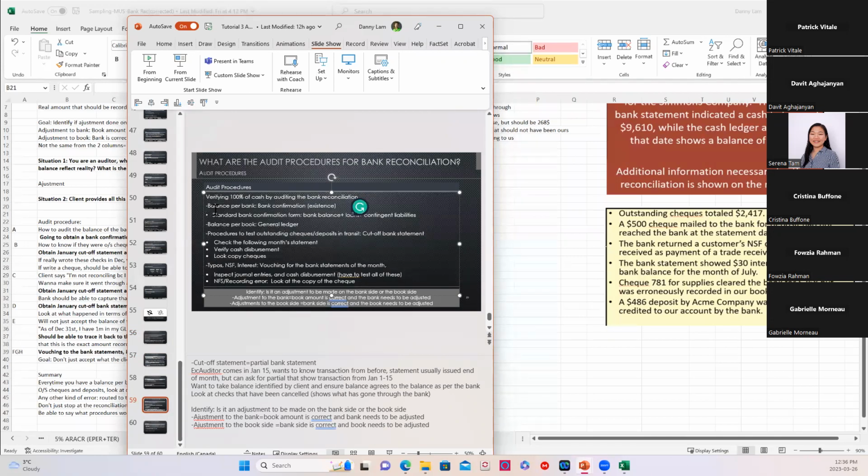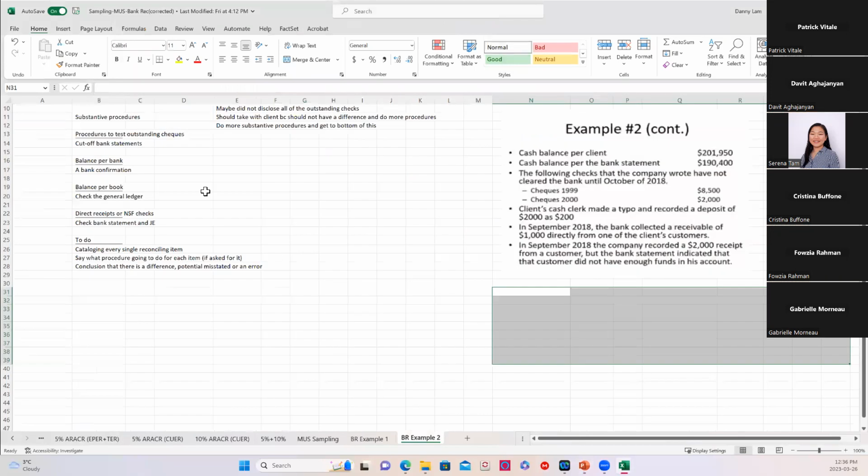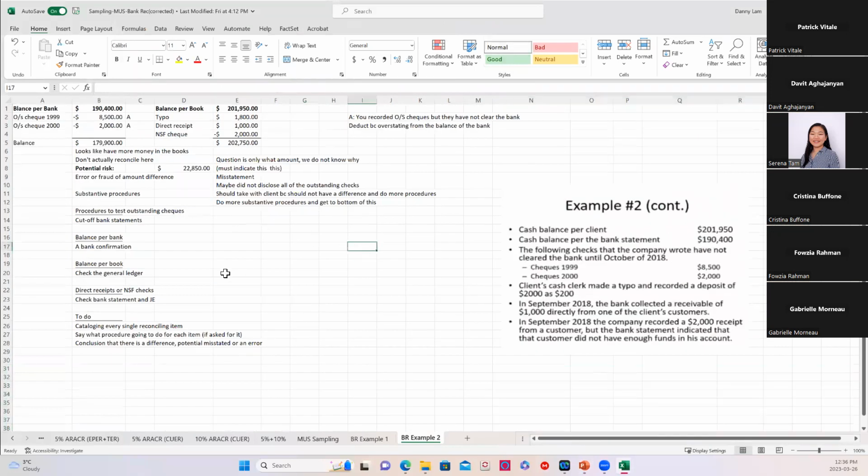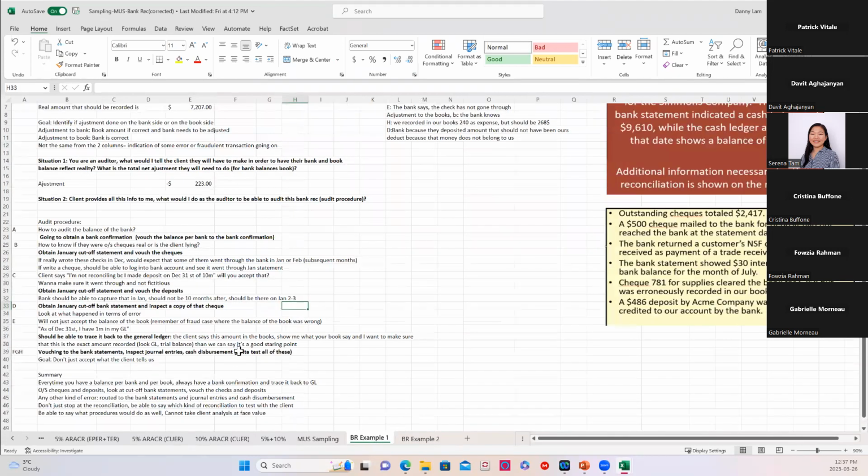So if it's balance per bank, these are the audit procedures that you're going to need. Okay, sign bank information, and so on. And I'll post this and the solution for the second one. The second one doesn't balance, and that's why I want you to test this one out if you haven't done it yet. I have different explanations than probably your teacher, so it's always good to see it in both lights.